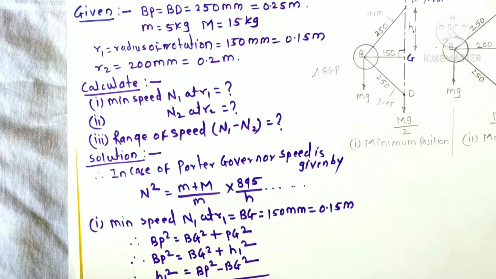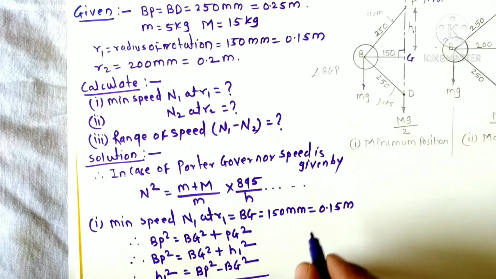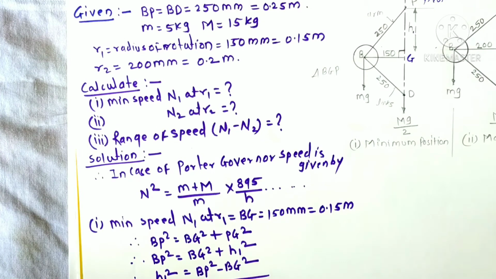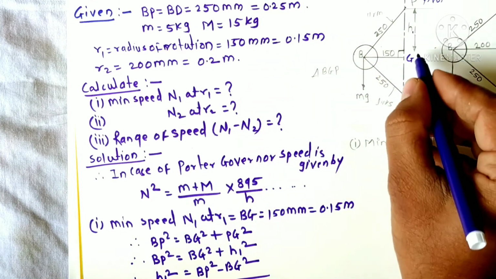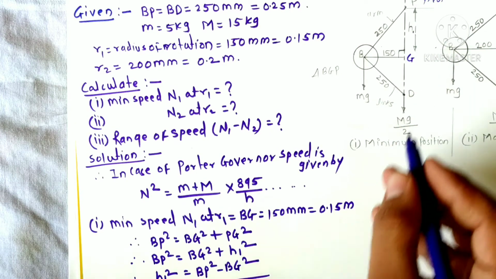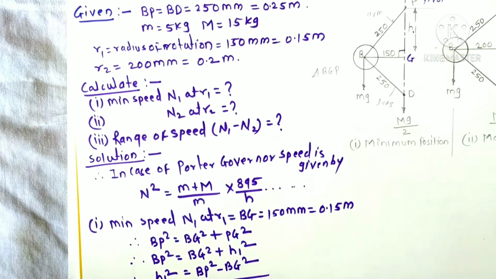By putting the values of BP and BG: what is the value of BP? 0.25 square minus BG square. BG value is 0.15 square.